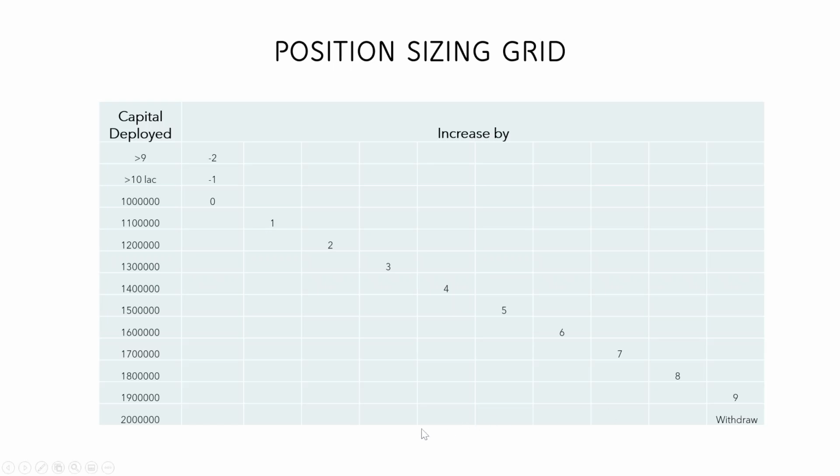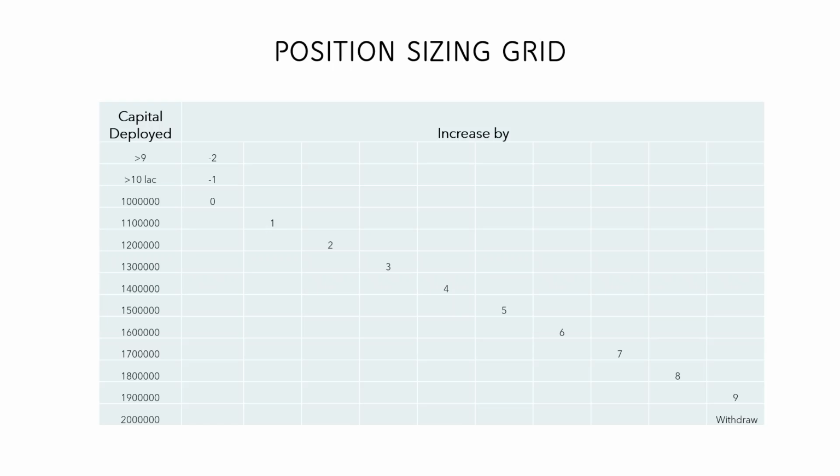Once your capital reaches 20 lakhs, which is 10 lakh profit, the next trade would be 20 lots. That is the time you immediately stop, withdraw that 10 lakh rupees back into your account and go back to 10 lakh rupees. That's the idea. Now, what happens if you start getting losses?